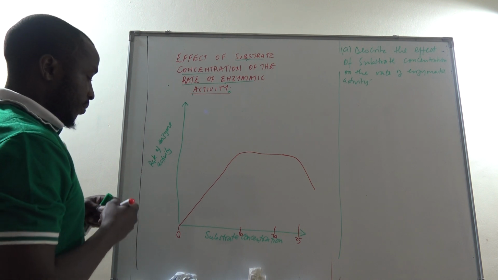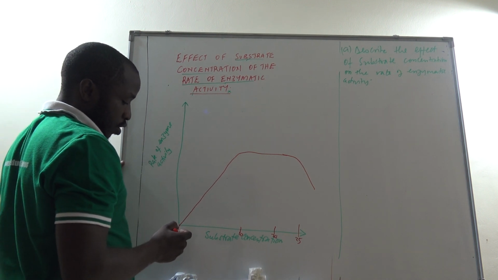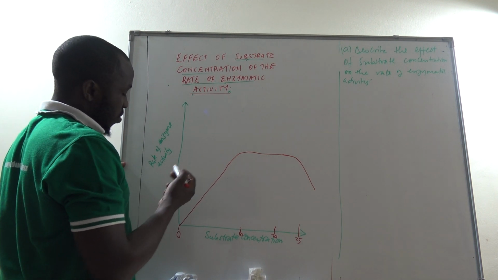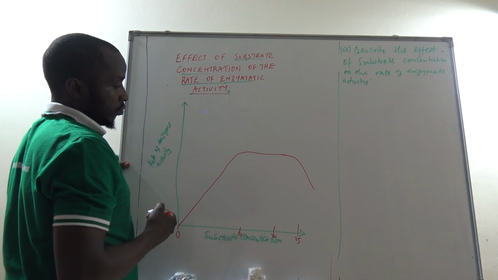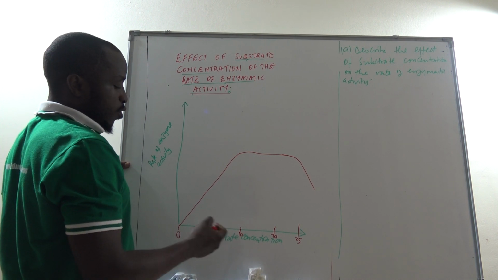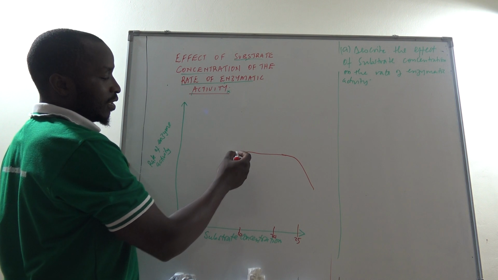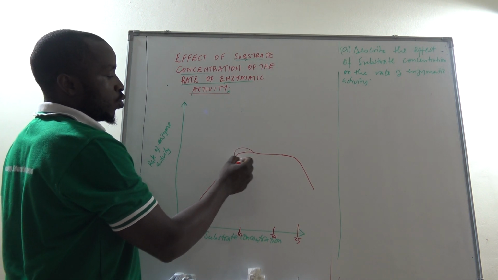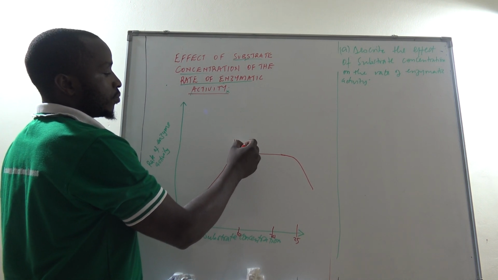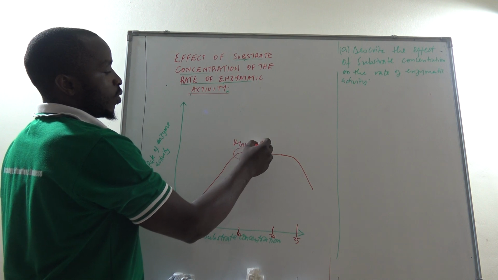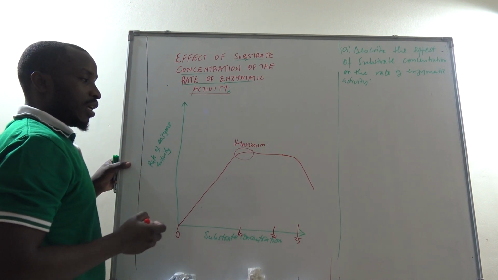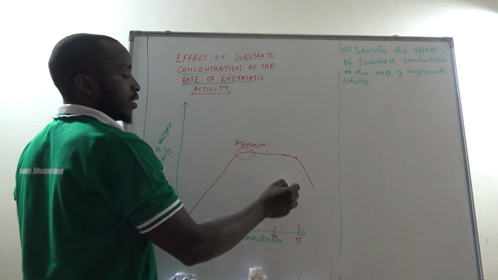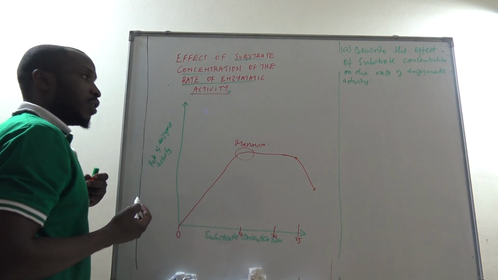We can see that no substrate, no rate. But once we put in a substrate, the rate starts to increase to a maximum. So that one is a maximum point. It becomes constant, then later decreases.